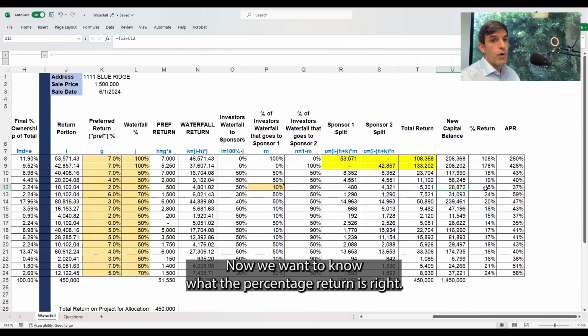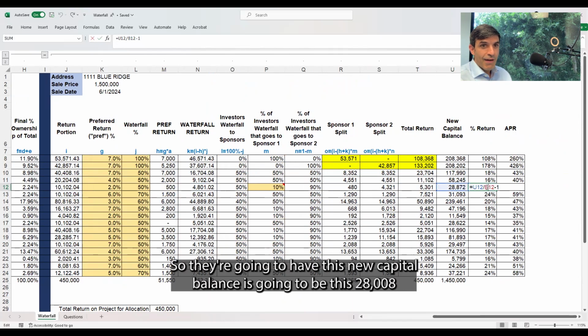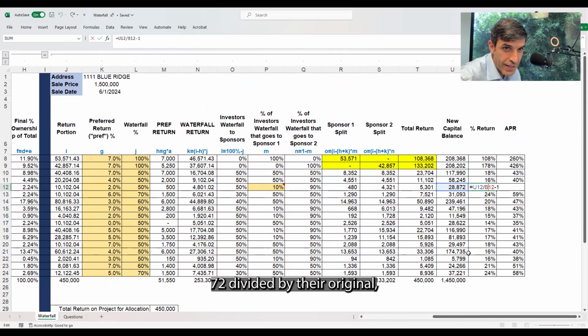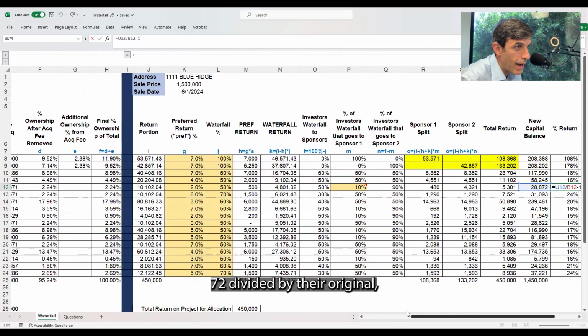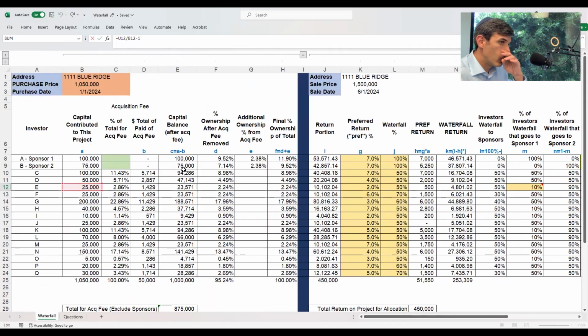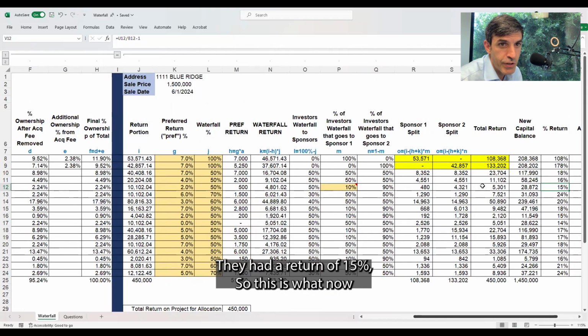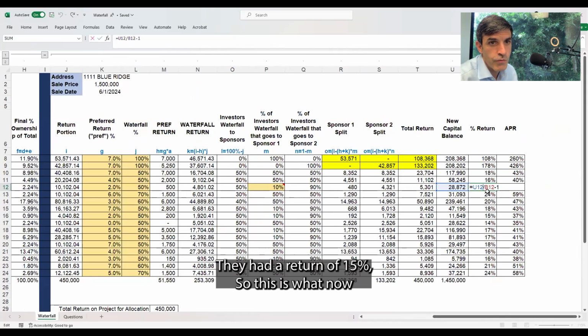Now, if we want to know what the percentage return is, they're going to have this new capital balance of 28,872 divided by their original balance. So they had a return of 15%.